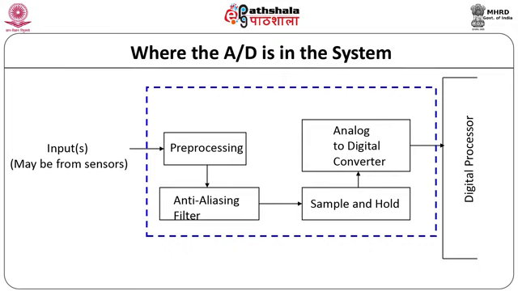The input from the sensor is first given to the pre-processing block, which is then given to the anti-aliasing filter, which basically restricts the bandwidth of the signal approximately or completely to satisfy the sampling theorem over the band of interest. After that, the signal is sampled and finally given to the analog to digital converter, which feeds the signal to the digital processor.